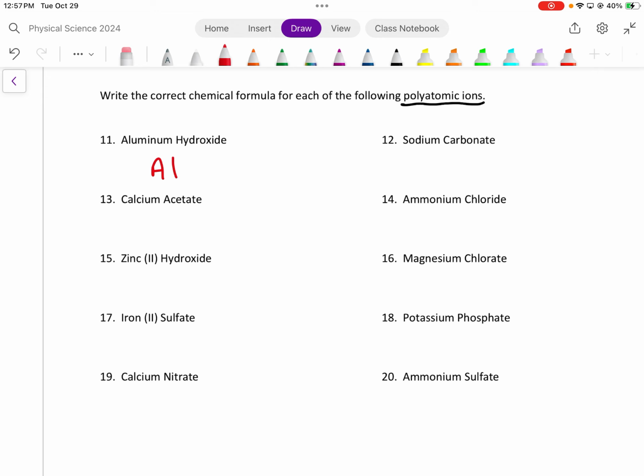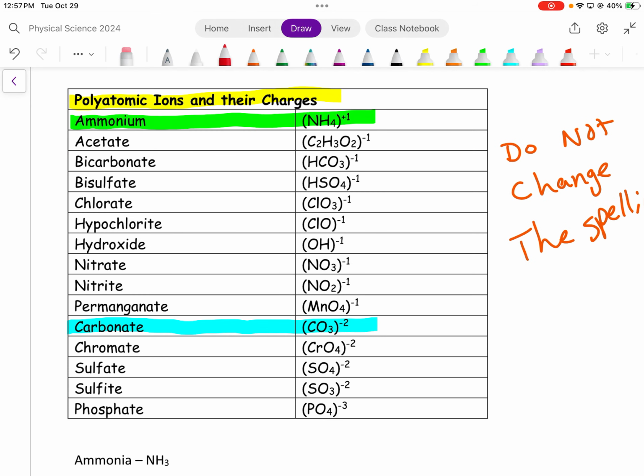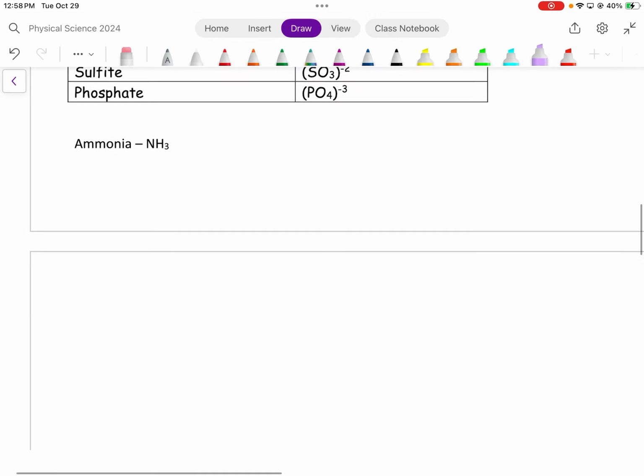So I'm going to go to my periodic table. I need aluminum's oxidation number, and I need the formula for hydroxide and its oxidation number. So hydroxide sits right here, so I need OH in parentheses and a -1. And remember, I also needed aluminum's oxidation number.